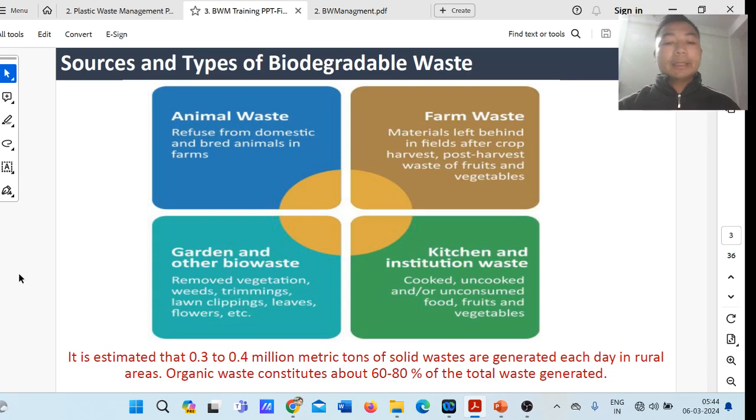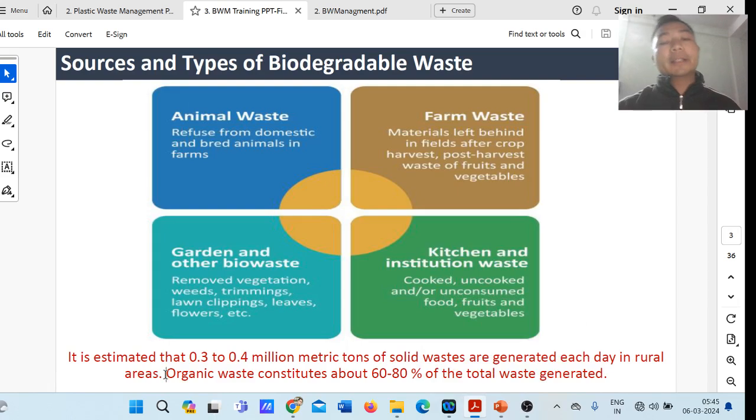It is estimated that around 0.3 to 0.4 million metric tons, and 1 ton is 1000 kg, so you can calculate, of solid waste is generated each day in rural areas.